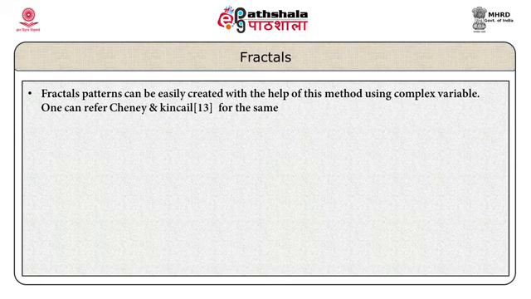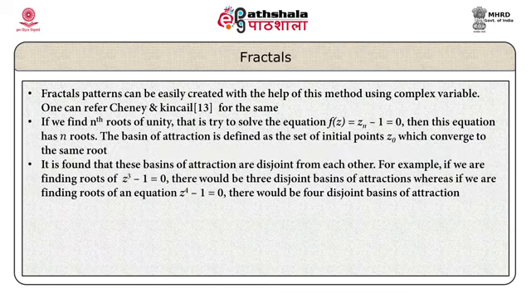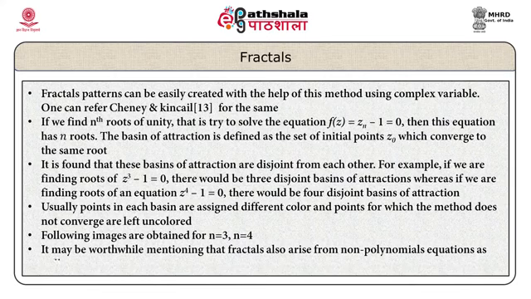Let me give you a brief hint about it. If we are trying to find nth roots of unity, let us say our equation is z raised to n minus 1 equal to 0. We define what we call the basin of attraction, which is defined as the set of initial points z0 which converge to the same root. Because there are n roots, some initial guesses will converge to one root or another, and for some initial guesses the method will not converge. So, we plot all those points which converge to a given root with the same color, and all those initial guesses which converge to another root with a different color.